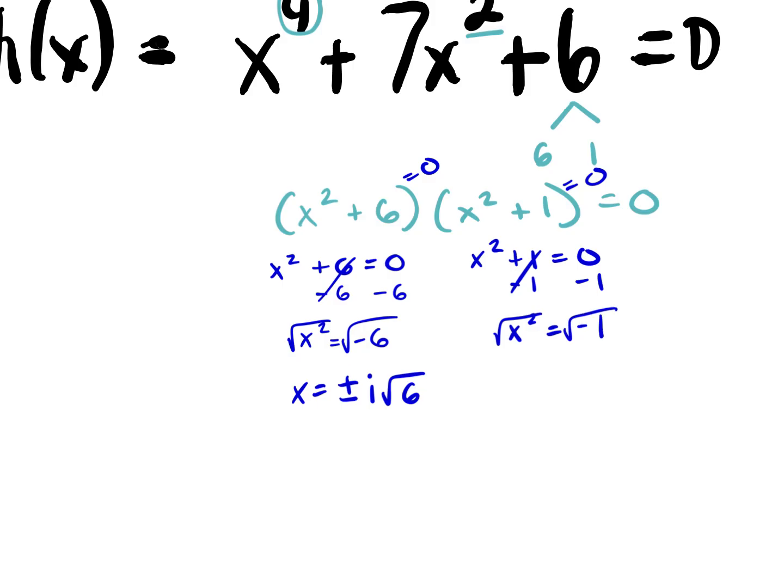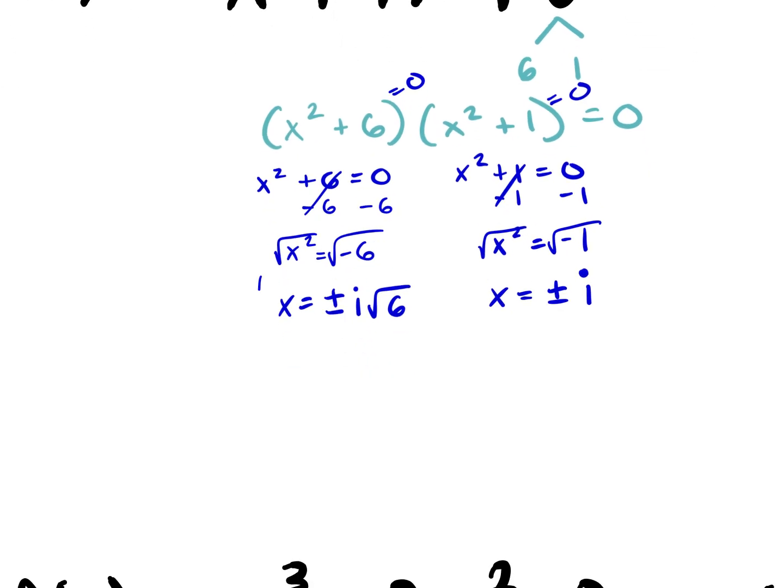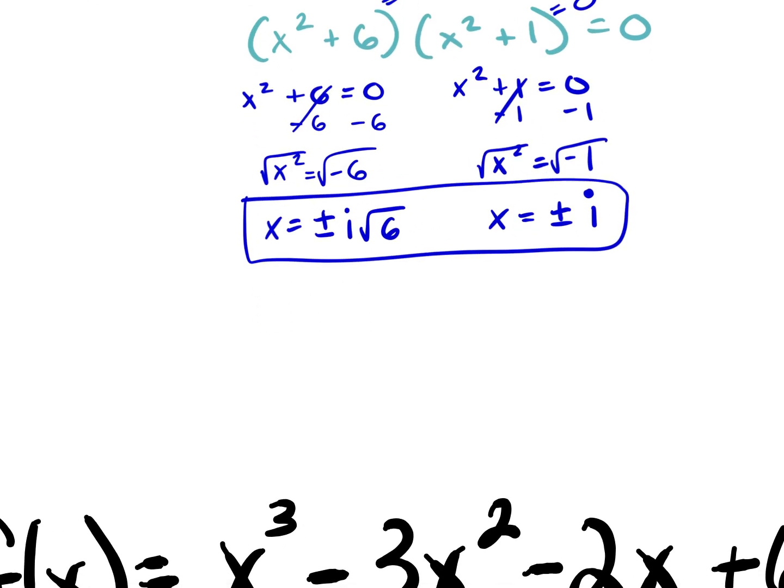Square root both sides. So what does x equal? Plus or minus, would we write the 1 as a coefficient? No. So just plus or minus i. So here are 4 zeros. If we were to write this in complete factorization, each one gets its own parentheses.